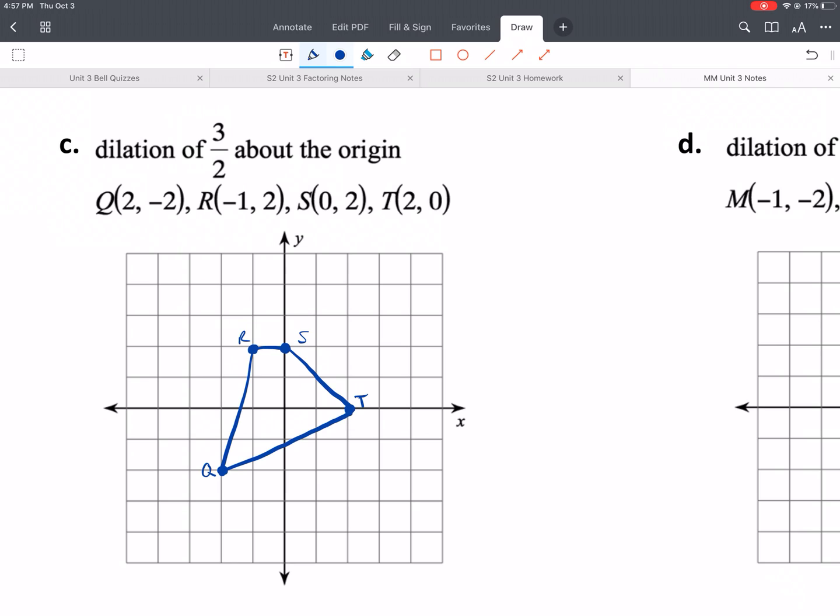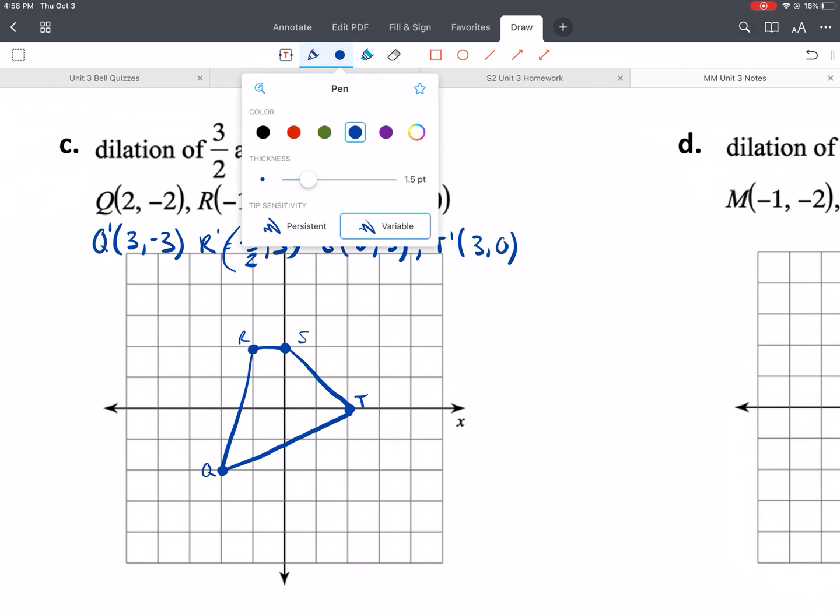Now we're going to multiply everything by 3/2. So Q prime would be 3 and a negative 3. R prime would be negative 3/2 and 3. S prime would be 0, 3. And T prime would be 3, 0.